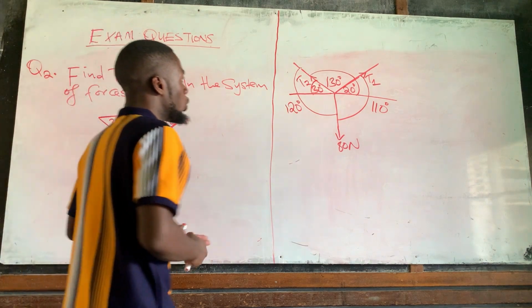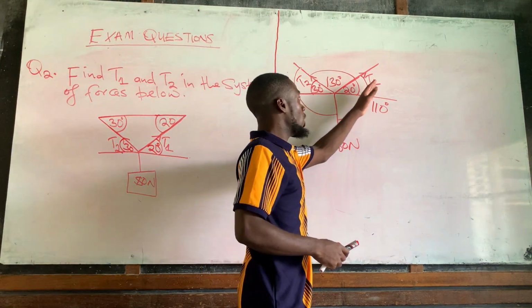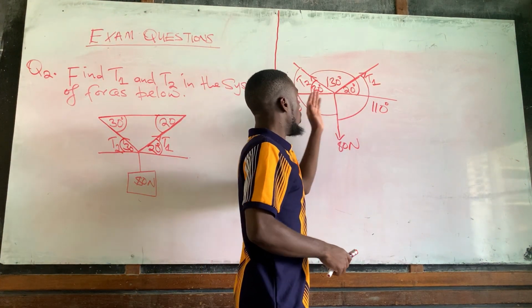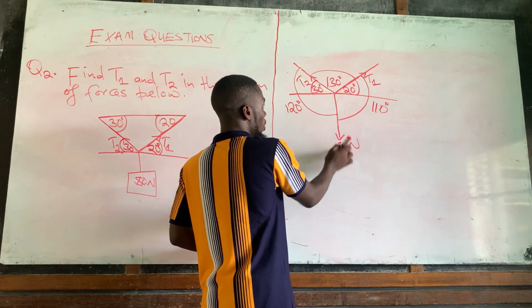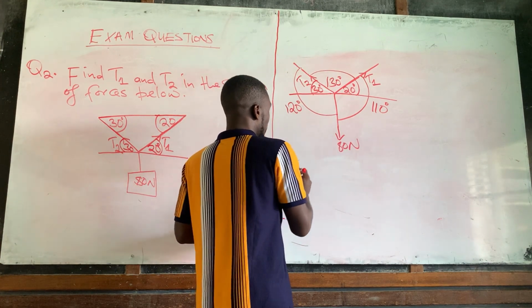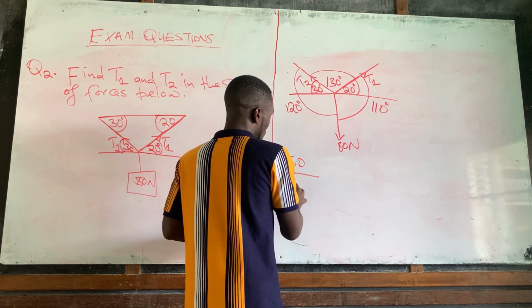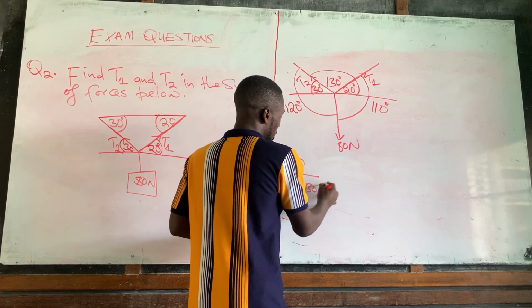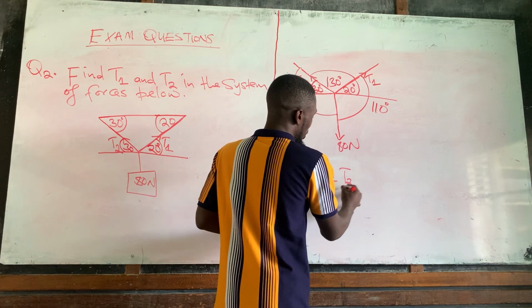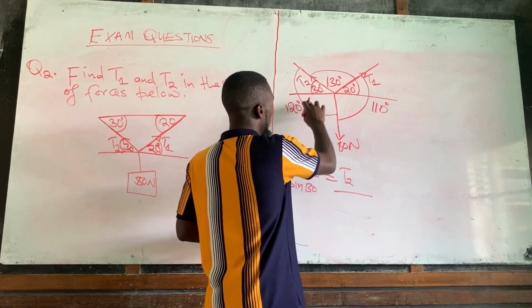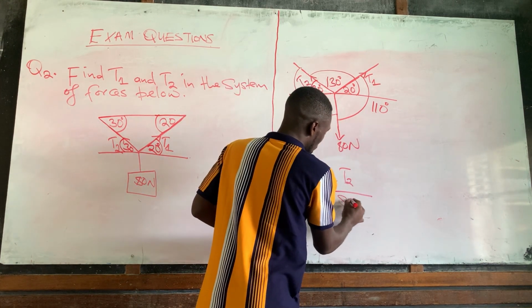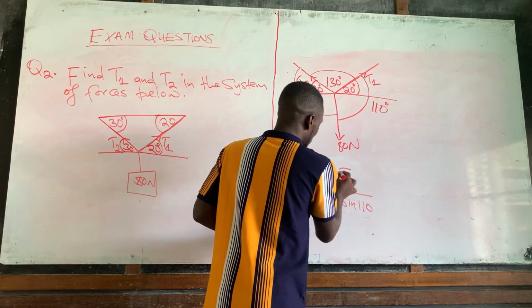So if we choose, it's up to us to choose which one we want to find first, T1 or T2. Here, from this side, the force and the opposite angles, let's say 8 over sine 130 is equal to T2 over what? Which angle is opposed to T2 there? 110. So sine 110 there. Then cross multiply.